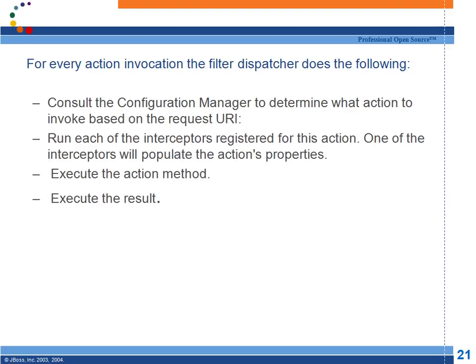One of the interceptors will populate the action's properties. Then the execute method of the action is called. The execute method returns a result string. Based on the string, the result JSP is executed and displayed. These are the steps for every action invocation.